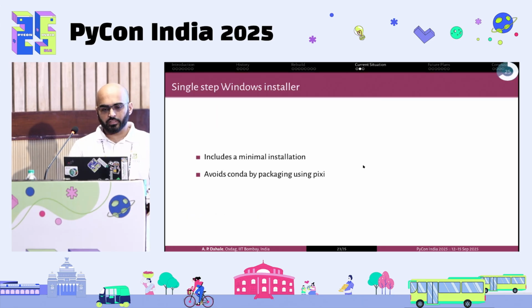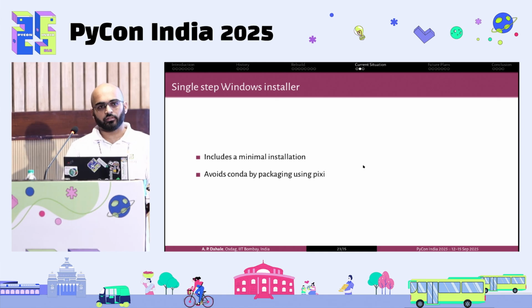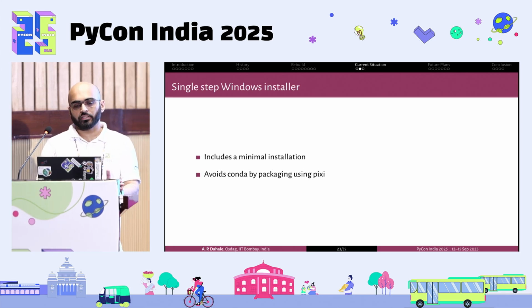But this is how it works. I skipped over a slide where it said we had a three-step installer. That was fixed here: we now use another layer of abstraction over conda called pixi, and using that we were able to package it into a single step.